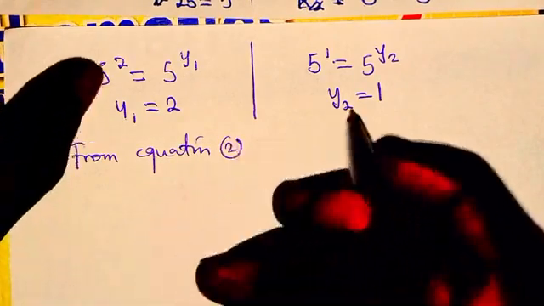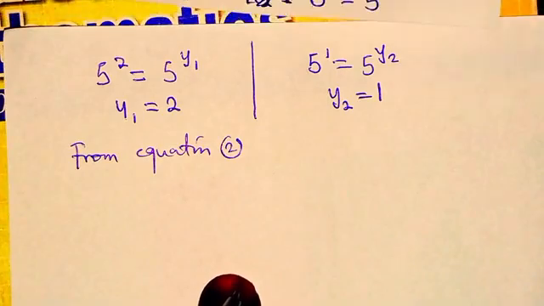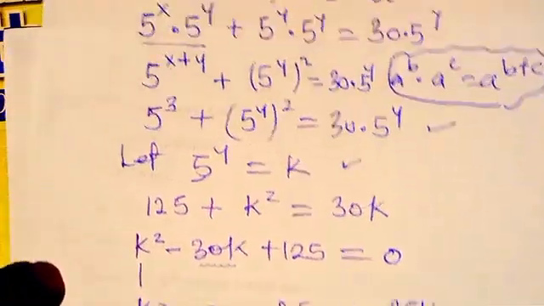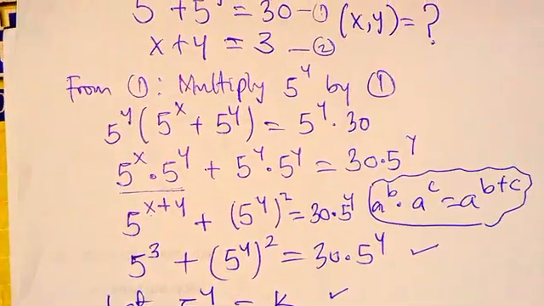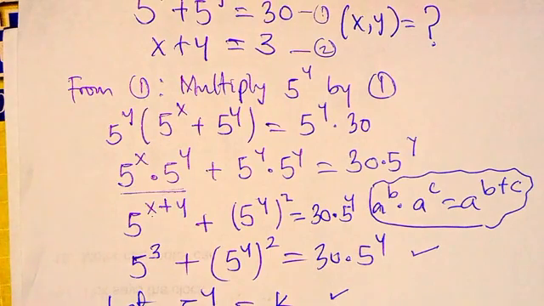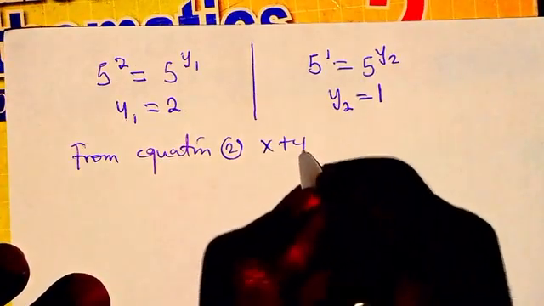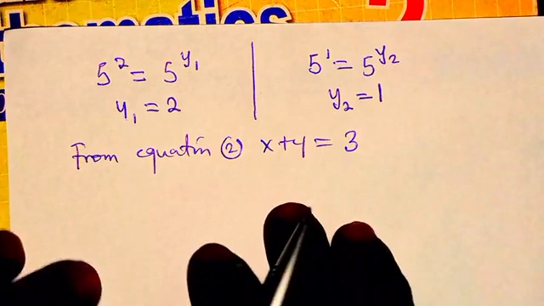Where is the equation 2? So from the equation 2 up here, let me bring it. So I have equation 2 here. From the equation 2, x plus y equals 3. So we have x plus y equals 3. That is the equation.